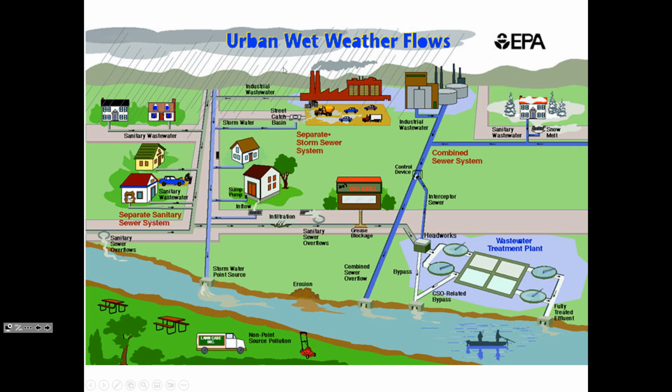Another thing that kind of jumps out here is the effect of non-point source pollution. That is when there are animals in a field, for example, and it rains, and so the waste that runs off of the field is being discharged to a stream. That contributes to the environmental load in a stream, this non-point source pollution.